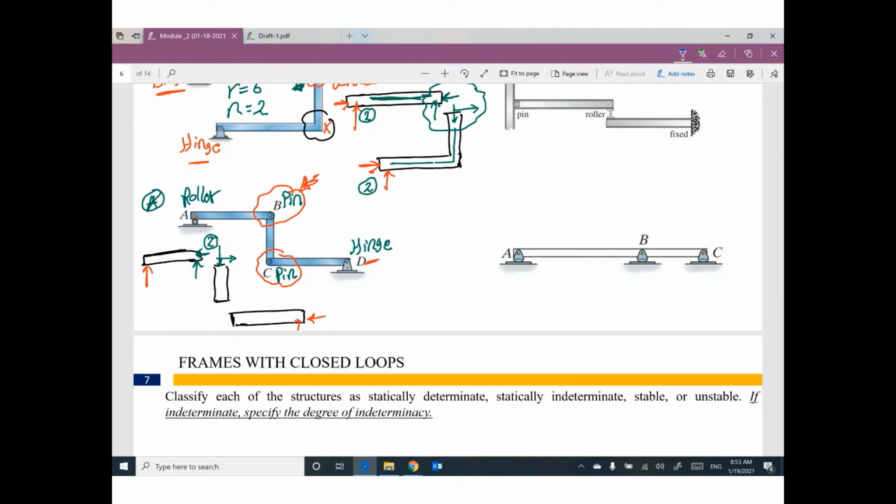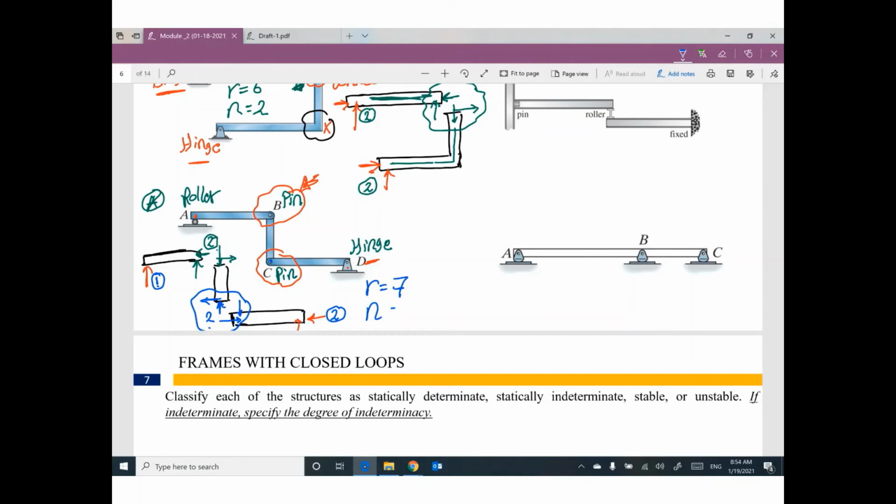For this pin connection, we will have two. This one and this one will be the same, in opposite direction, so this reaction will be counted as two. So 2, 2, 2, and 1, so R equals 7.